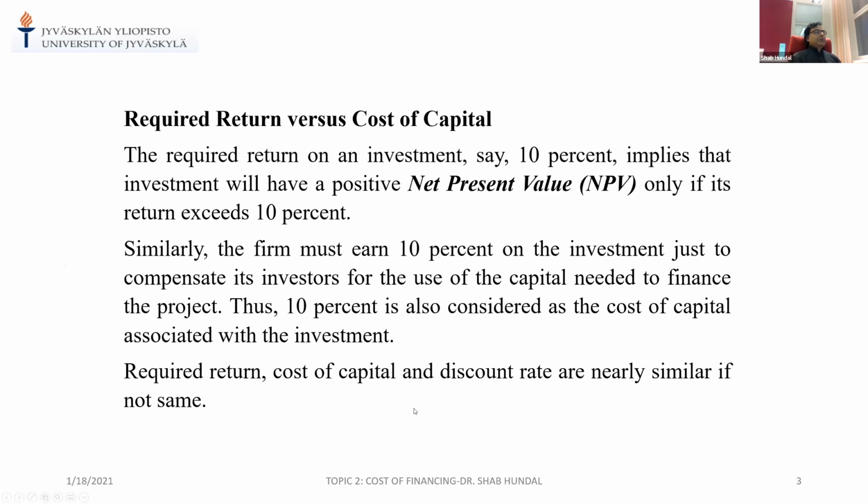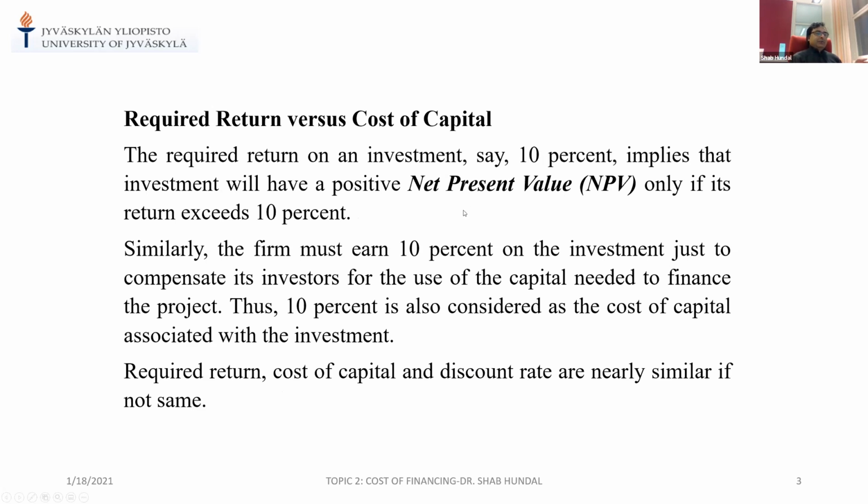Similarly, we also use a couple of phrases: the required return and the cost of capital or cost of financing. They can be similar, but they are not the same. As I wrote in this last sentence, when I say required return, it shows that investors expect something, and you must fulfill investors' utility function in terms of their expected return.